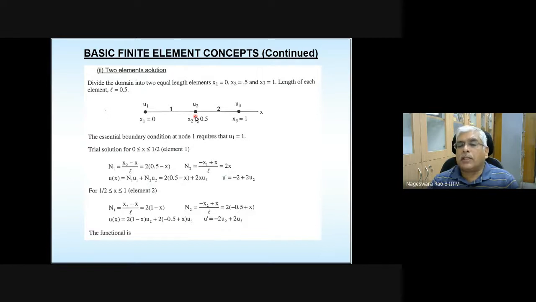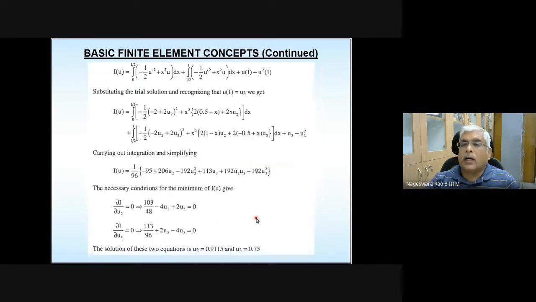Or if you want, you can try using equal length elements. If it is three elements, the first element can be from 0 to 0.33, something like that, 0.33 to 0.67 is the second element, and 0.67 to 1 is the third element. You need to develop the trial solution for each of the elements separately, and then write the functional taking into account all three elements.